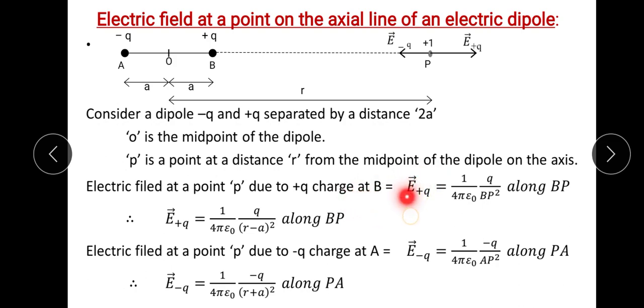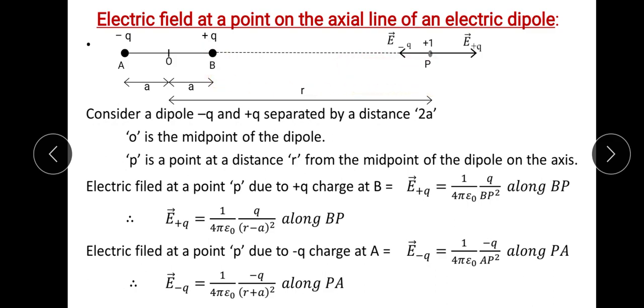First, the electric field at point P due to plus q charge, which is placed at B, is represented by E plus q, that is equal to 1 by 4 pi epsilon naught into q divided by BP square, meaning the distance between the positive charge and point P. Now the equation will become E plus q is equal to 1 by 4 pi epsilon naught into q divided by, what is this distance BP?